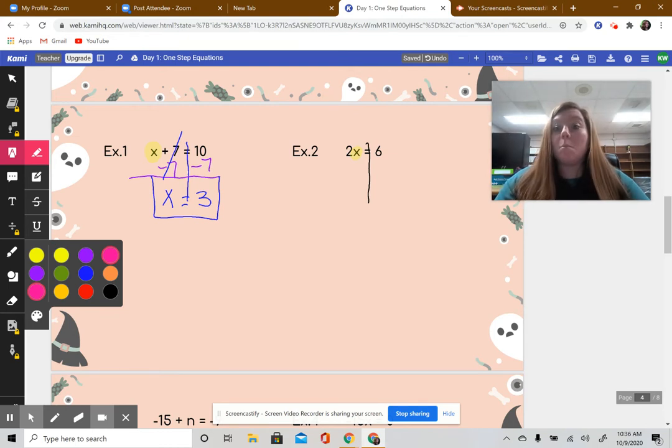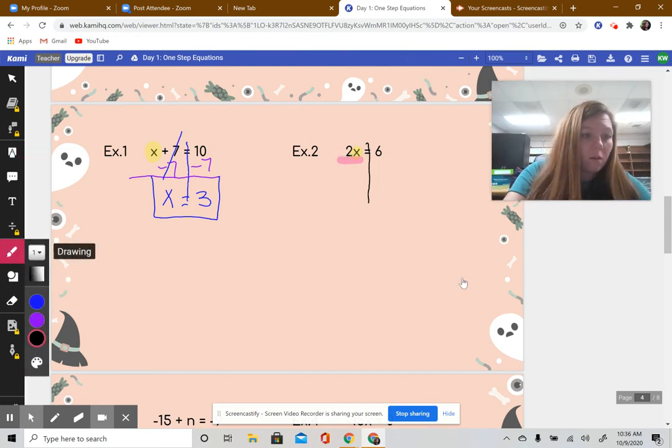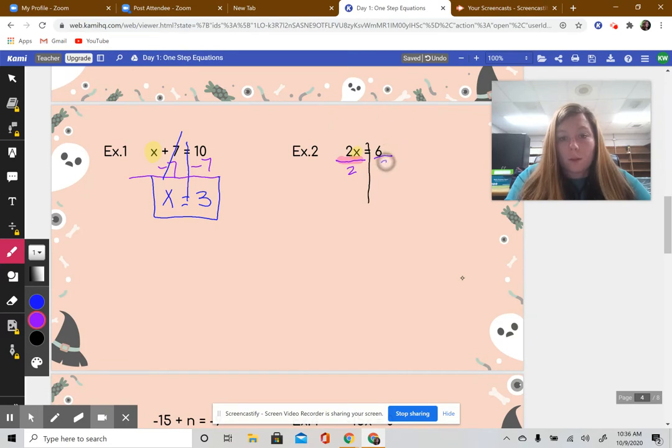That is multiplication. So what's the inverse of multiplication? Division. So I'm going to divide by 2 on the left-hand side, and then I'm also going to divide by 2 on the right-hand side.